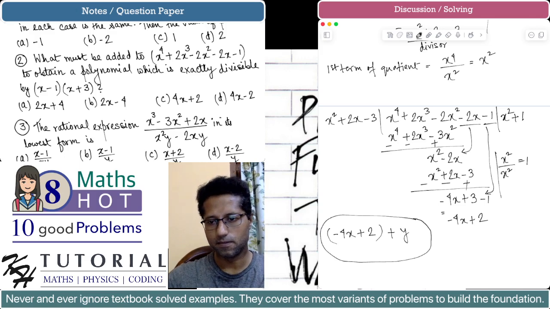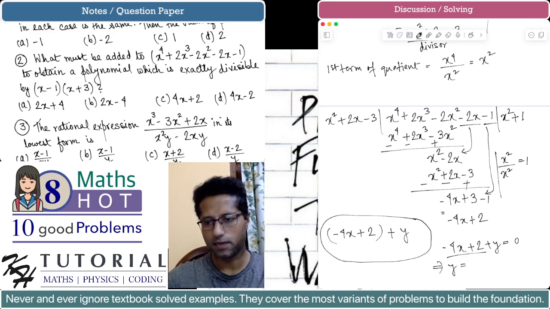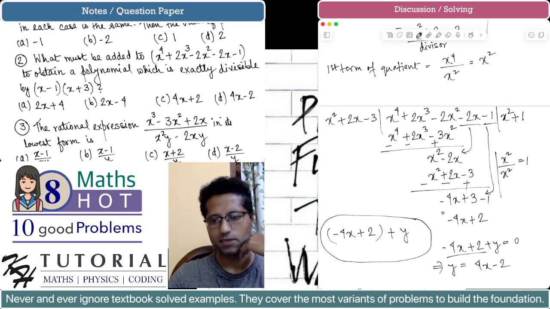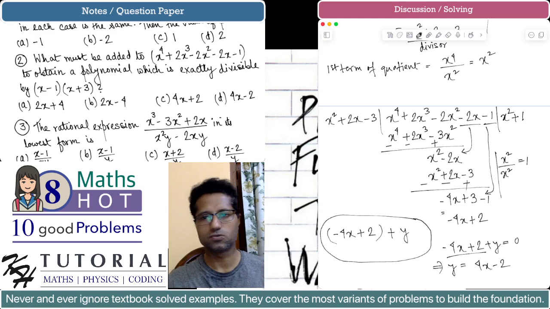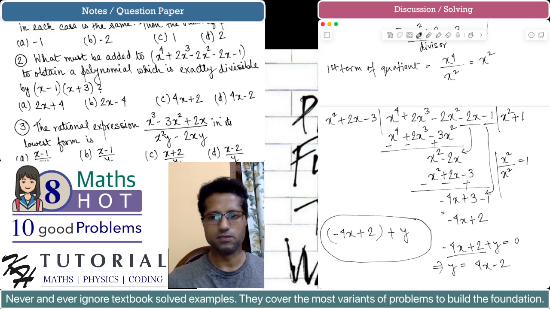So if we say minus 4x plus 2 plus y equals 0, this implies that y will be equal to, bringing these two terms to the right hand side, 4x minus 2. So if we add 4x minus 2 to the whole given polynomial, then if we perform the long division method, finally the remainder will be 0.